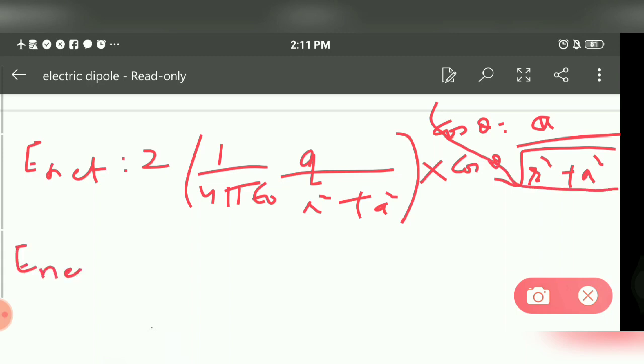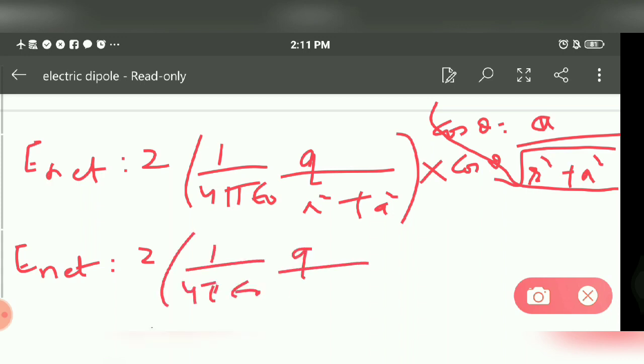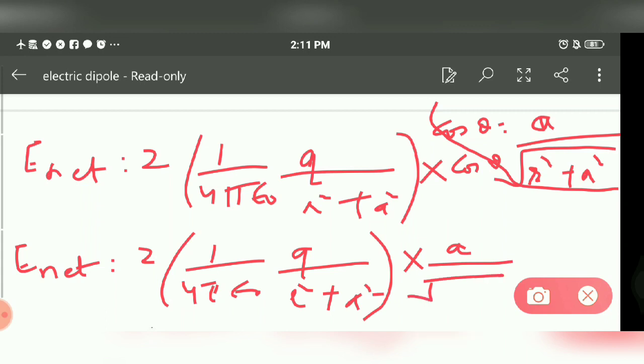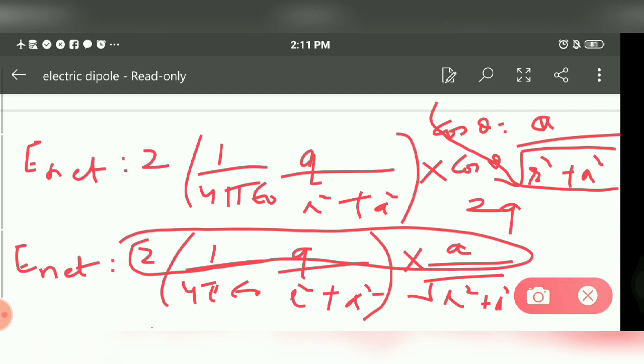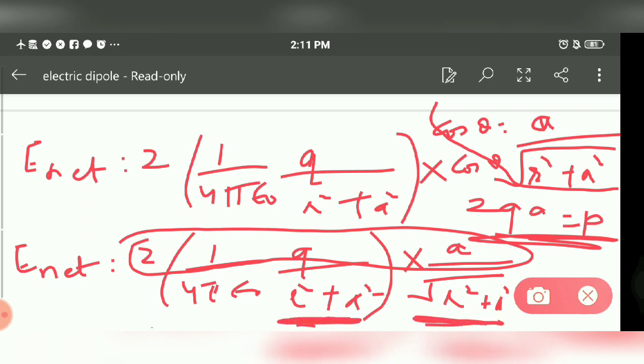So E net is equal to 2 times 1 by 4 pi epsilon naught q upon r square plus a square into a upon the square root of r square plus a square. So we get this. So this is 2qa, and you know 2qa is equal to what? P.